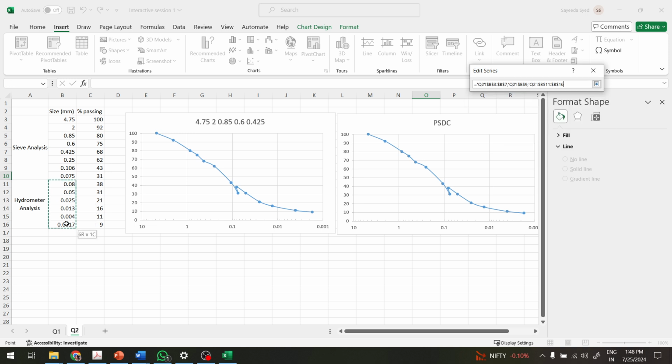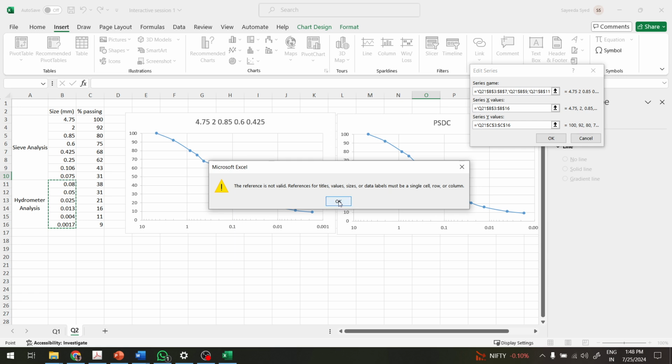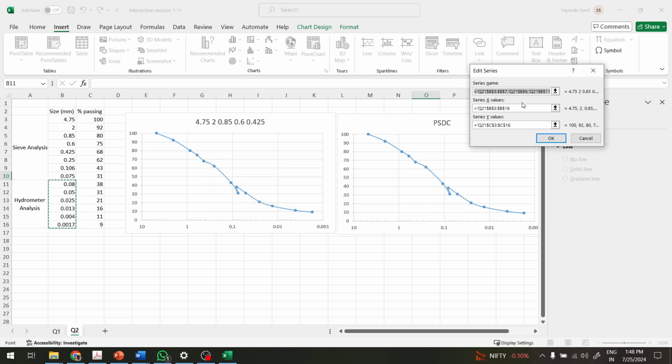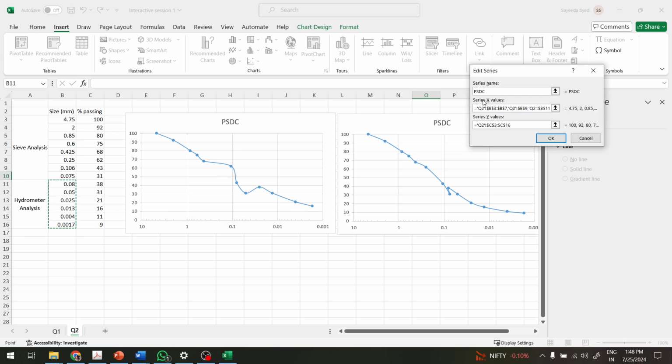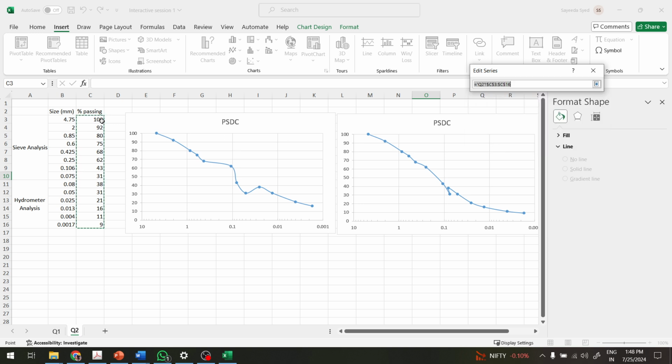We'll take this and we'll not take 0.25. Then we'll take this and then this. And for the Y, we will take this, then this, then this.